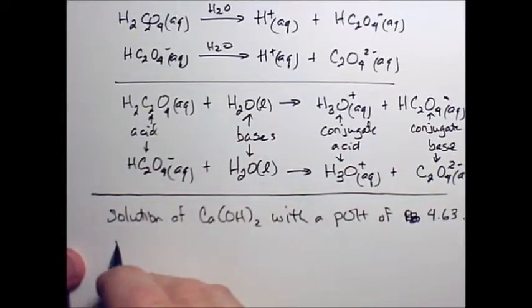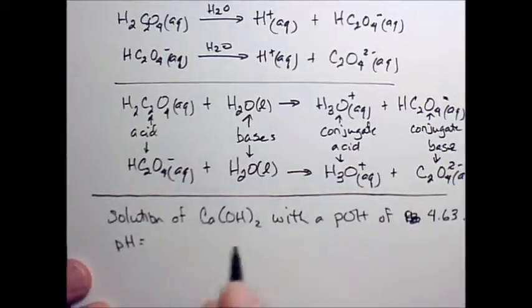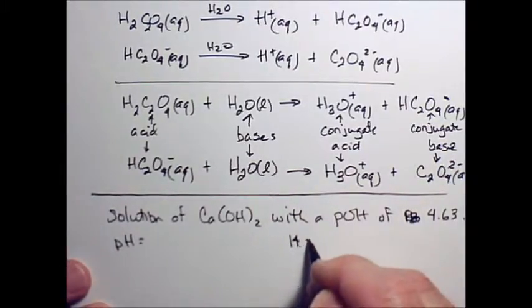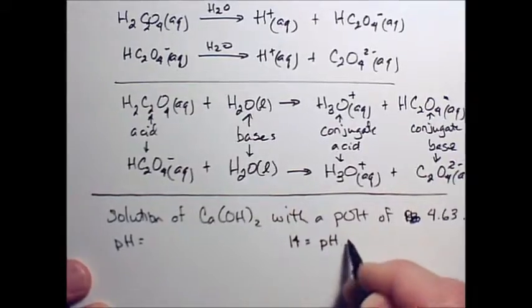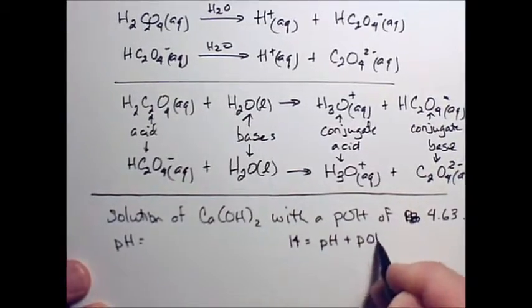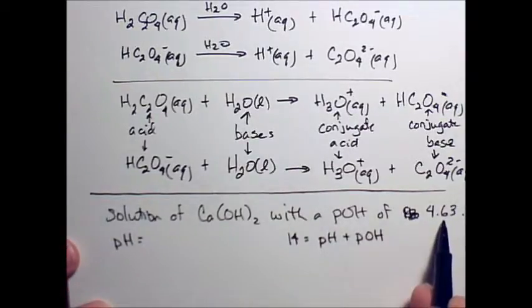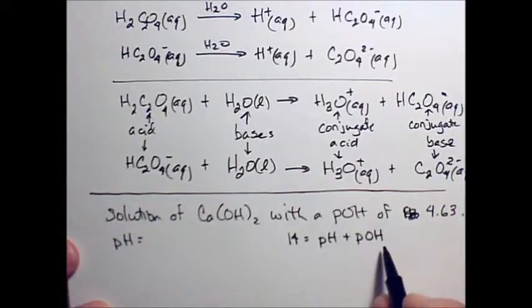First, we're going to find the pH. The way you find the pH is 14 equals pH plus pOH. Since we know the pOH, you're taking the pOH and plugging it into this.